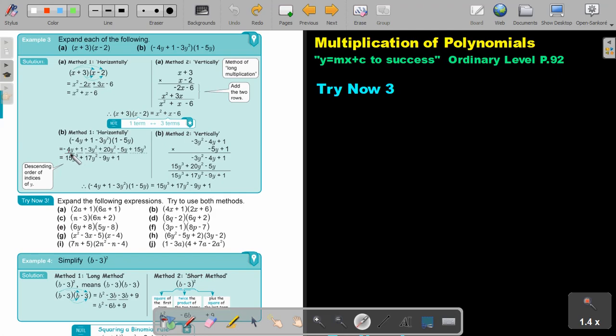Okay, so this was y, this was y, so it's going to be negative 9y, but start with the highest index. This is 15, then the second one, this was this one, 17, and the final one, 1. Okay, and again the vertical, rather write the 3 terms on top, the 2 terms here, and then multiply, 10 space, multiply, and just add it up.